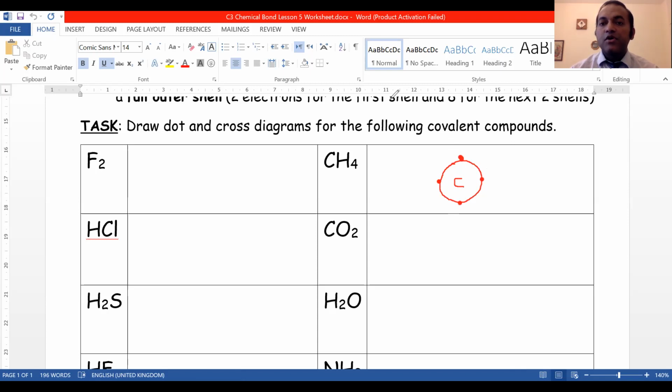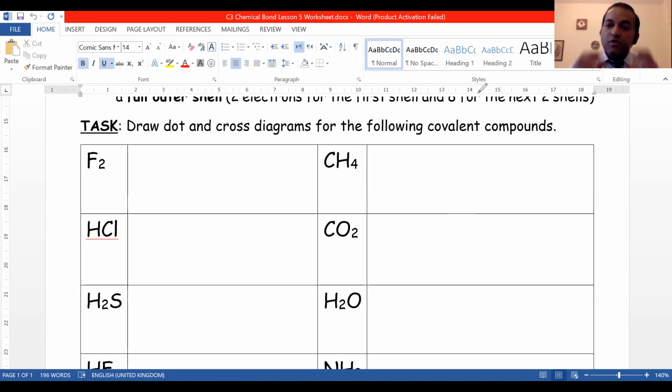Okay, now I'm going to draw 4 hydrogen. So we know each hydrogen has 1. Am I right? 1 and 2 and 3 and 4. All right, and for hydrogen, I'm going to put X. So you can see this is a type of simple covalent bond. Am I right? So this is your task.